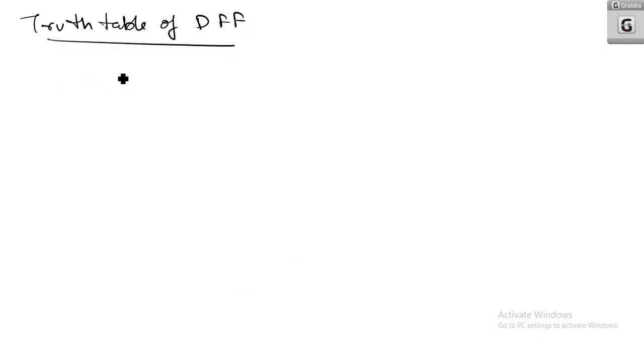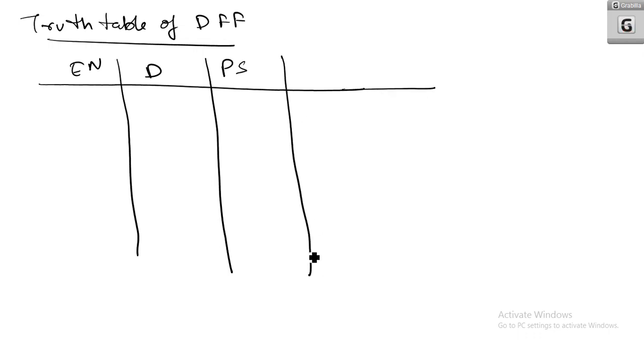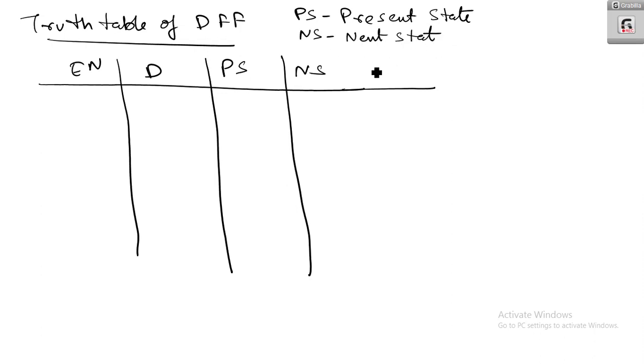Okay, so here I am having enable, D, present state, next state. PS stands for present state and NS stands for next state.